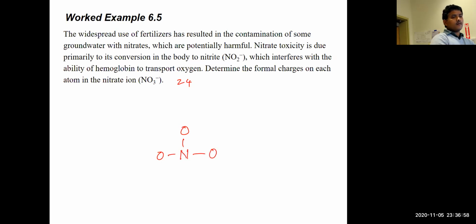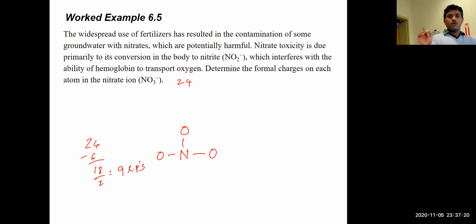Okay. I used up 6 valence electrons to make these connections between nitrogen and oxygen. 24 minus 6 is 18. So 18 over 2 results in 9 lone pairs. LP is the shortcut I use for lone pairs.